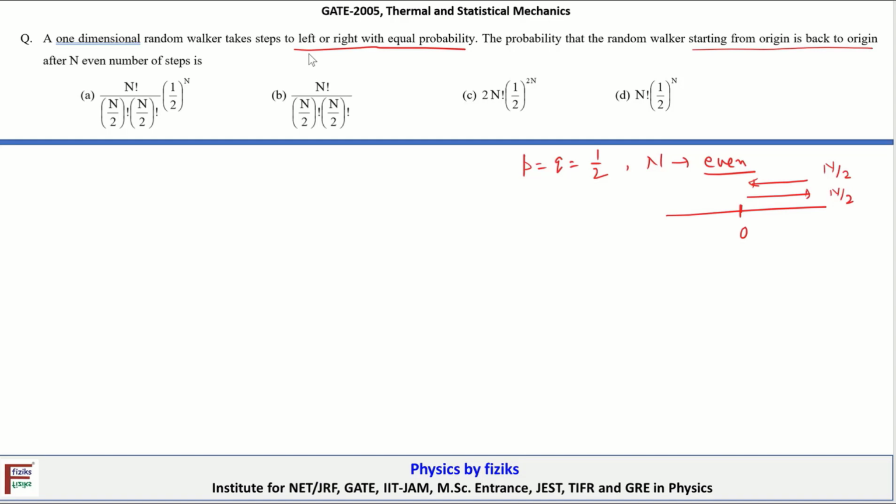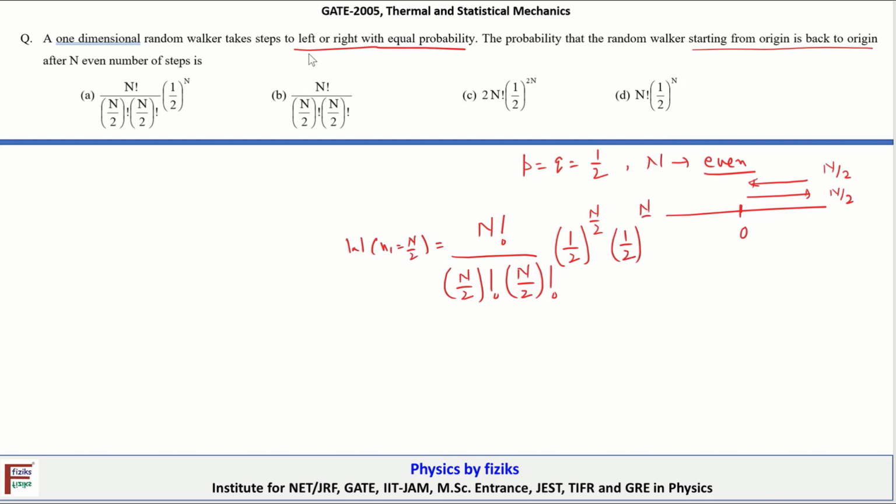So the corresponding probability W(n1 = n/2) is equal to n factorial, the factorial of the total number of steps, divided by n1 factorial, which is (n/2) factorial, and n2 factorial, which is again (n/2) factorial, times p to the power n1, with p being 1 by 2 and n1 being n by 2, and then q to the power n by 2, with q again 1 by 2.